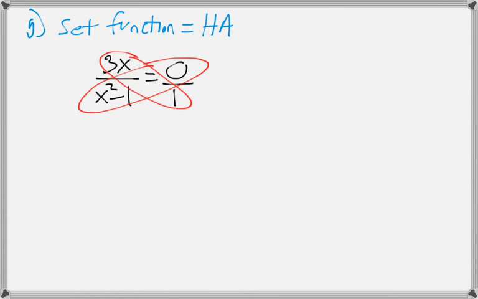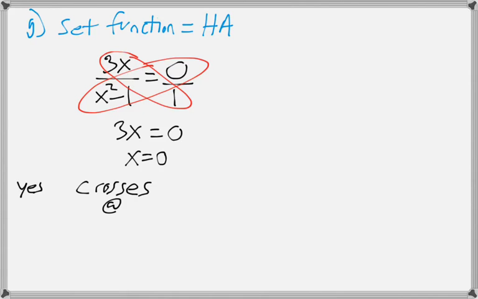So 0 times x squared minus 1 is just 0. 1 times 3x is 3x. And then if we divide both sides by 3, we get x is equal to 0. So yes, this is going to cross at x is equal to 0.